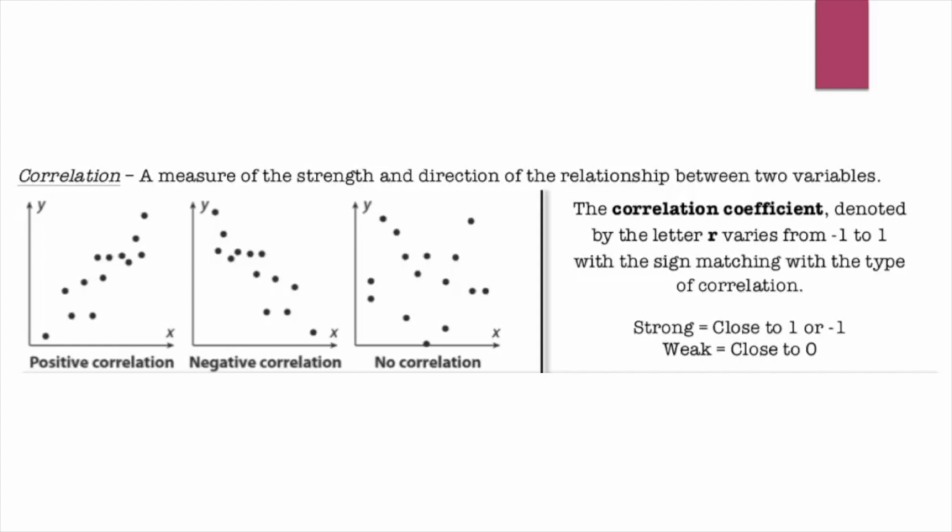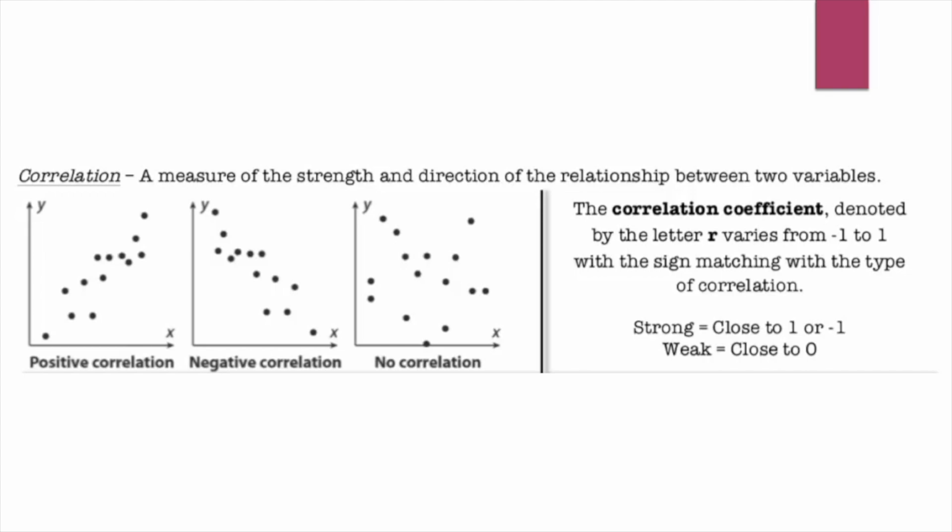So there is also another vocabulary word that you need to understand, which is the correlation coefficient. And that's denoted by the letter R, and it varies from -1 to 1 depending on how much correlation there is, with the sign matching the type of correlation. So a strong correlation is close to 1 or -1, and a weak correlation is close to 0.